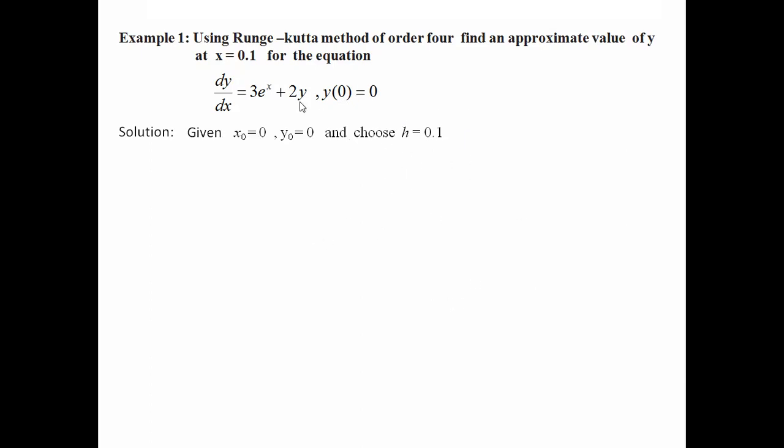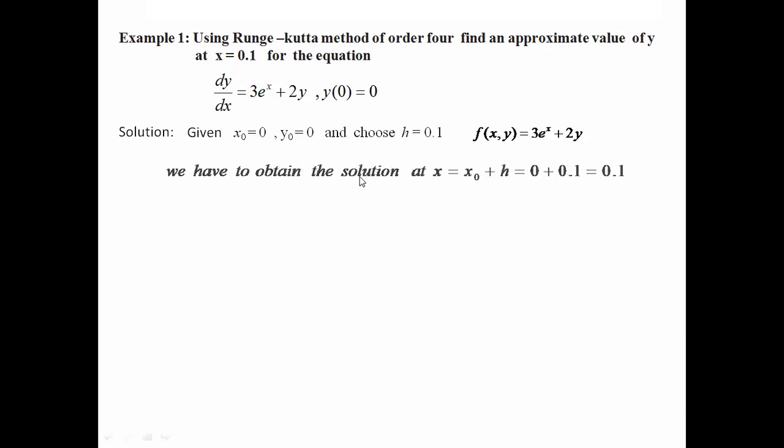Once h is known, identify f of x comma y, the relation between the variables: f of x comma y is equal to 3 times e power x plus 2y. We need the solution for y at x equal to x naught plus h, that is 0 plus 0.1, so 0.1.